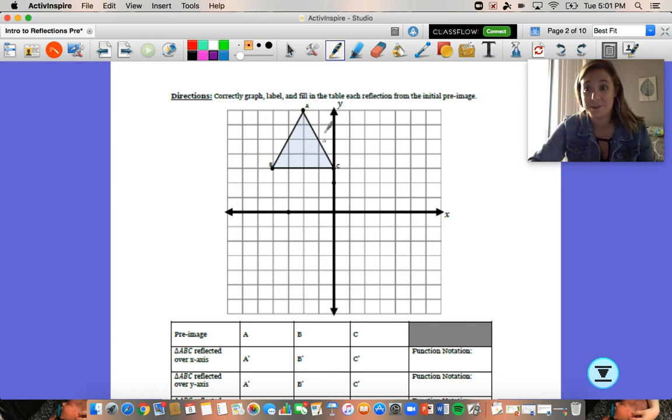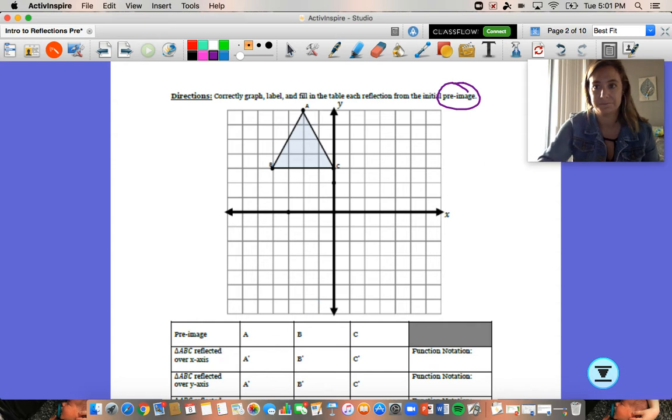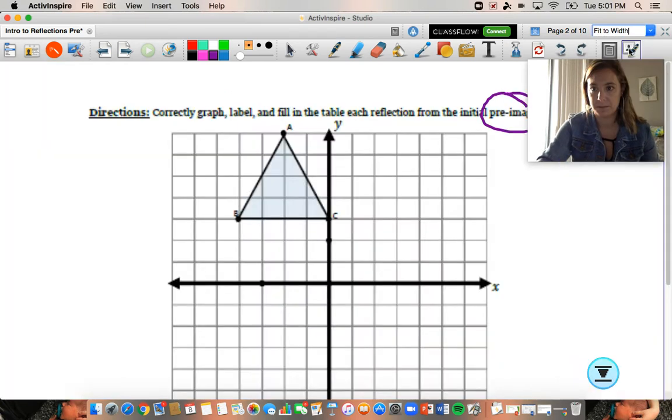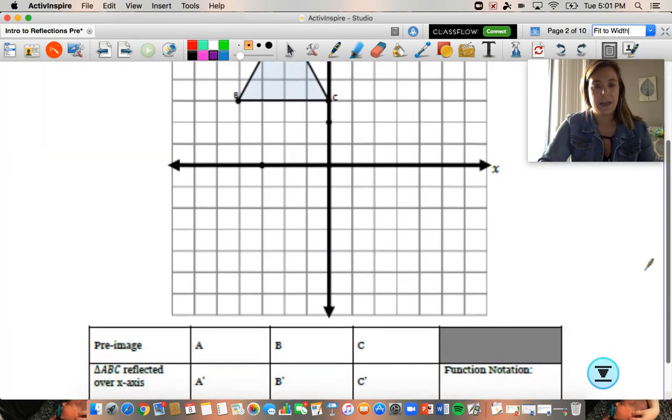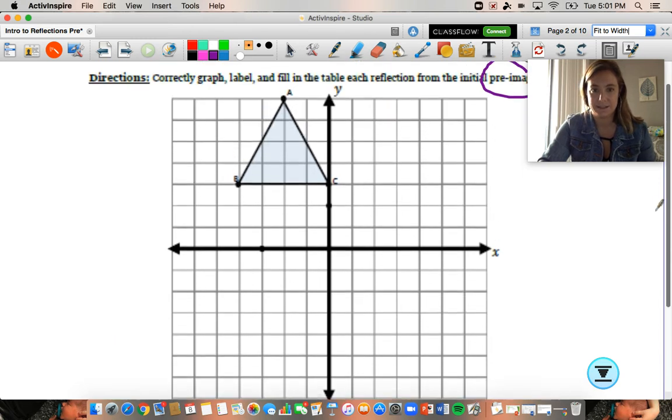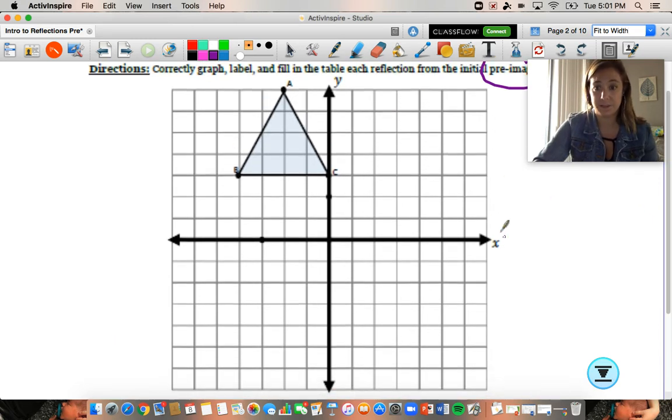And remember pre-image and image? This is my initial pre-image. I'm going to do some transformations to it. This first one tells me that I am going to reflect it across the x-axis. Here's the x-axis, so I'm going to reflect it across this axis right here.